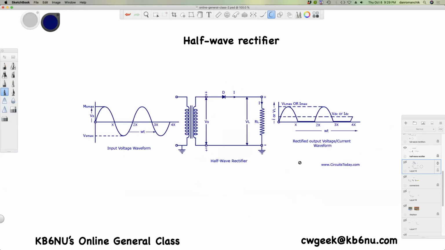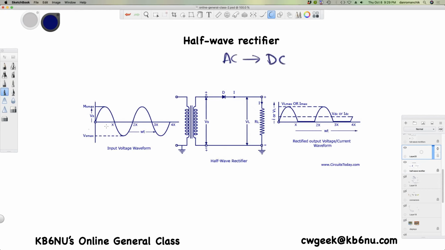So I remember we said that the diode allows current to flow in only one direction. And so we can use the diode to, quote unquote, rectify AC, that is, turn AC to DC.